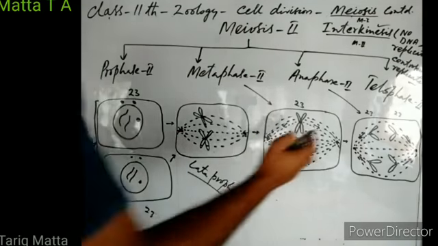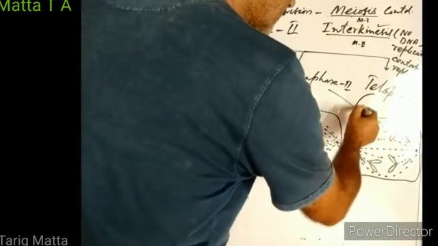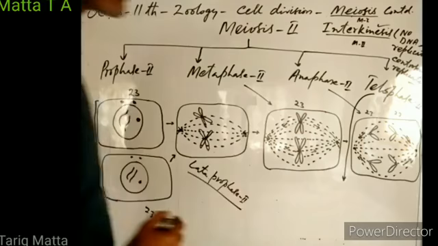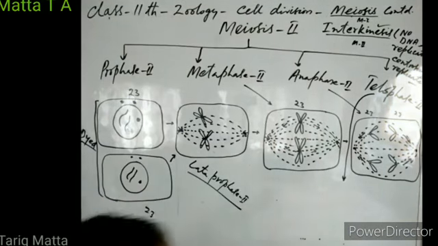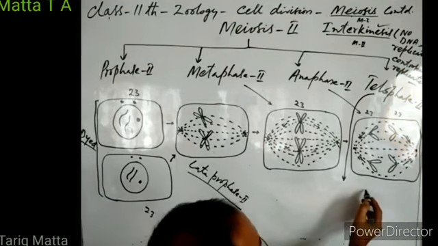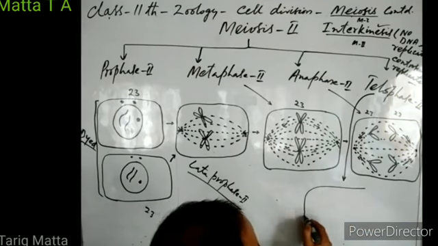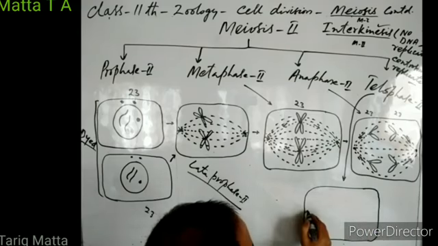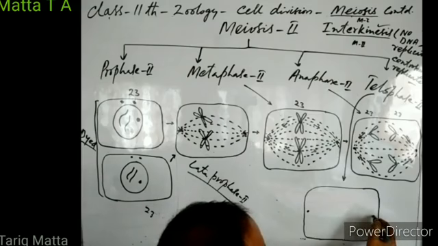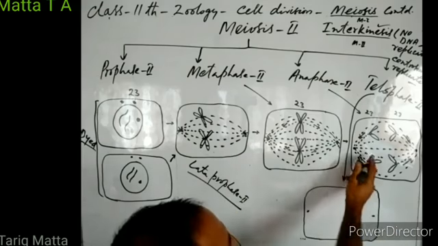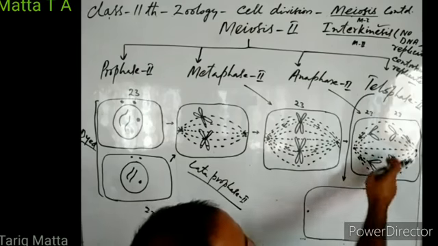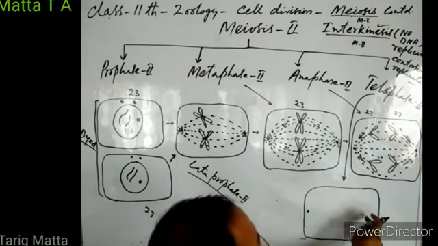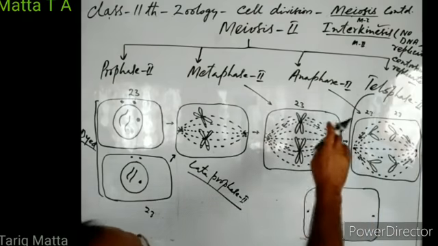Then what happens in the telophase second? In telophase second, as I told you, there is a reconstruction of the nuclei. These 23 sister chromatids will reach to this pole at the end of anaphase second.